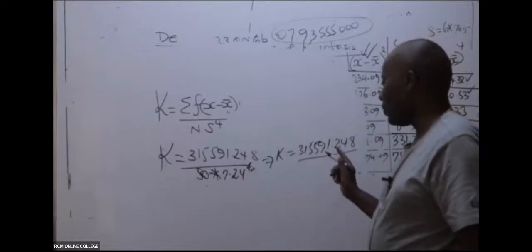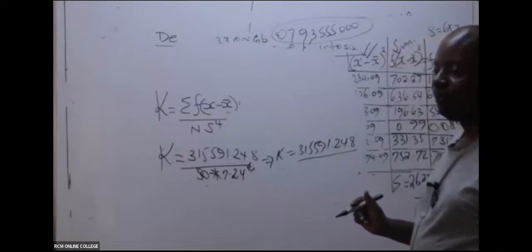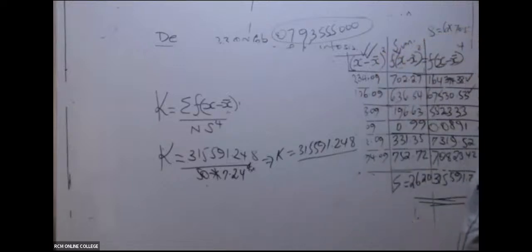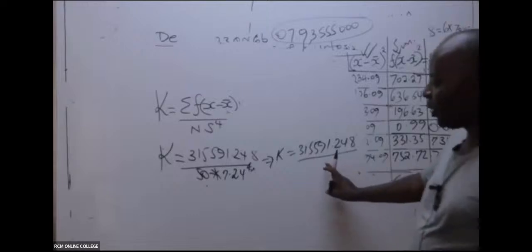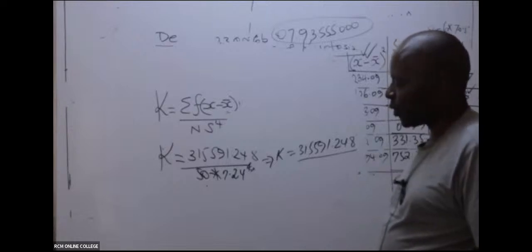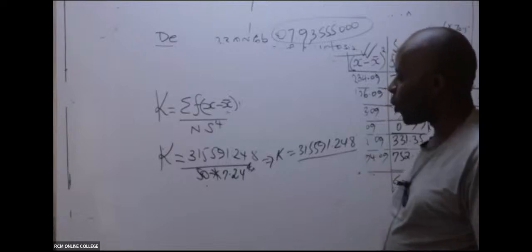Is there somebody who can give me this figure? I want the denominator figure, 50 times 7.24 raised to power 4. Quite a huge number.